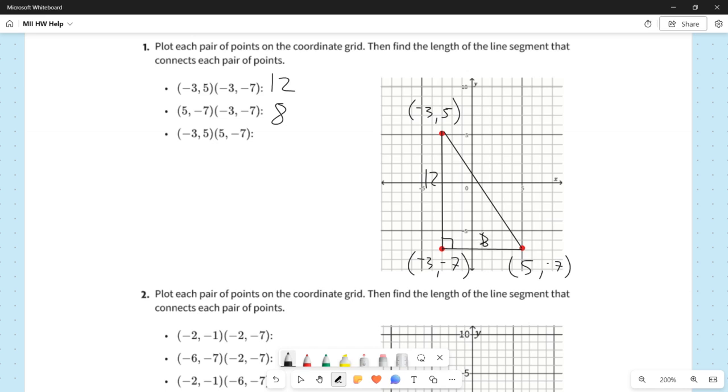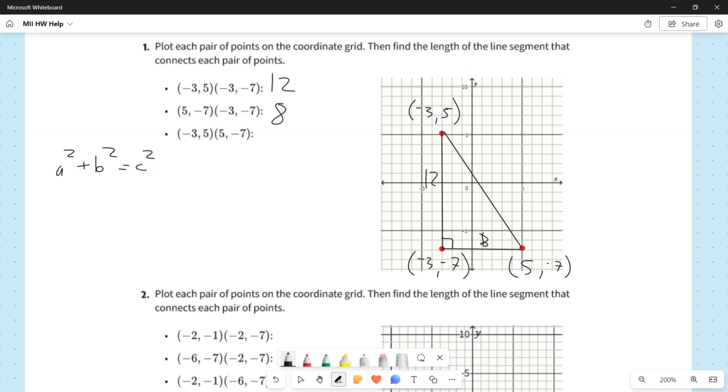So what we have here is a right triangle where we know two of our sides, and we need our third side. So this is a classic example of where we want to use the Pythagorean theorem. The Pythagorean theorem says that the sum of the squares of the legs of a right triangle is equal to the square of the hypotenuse.